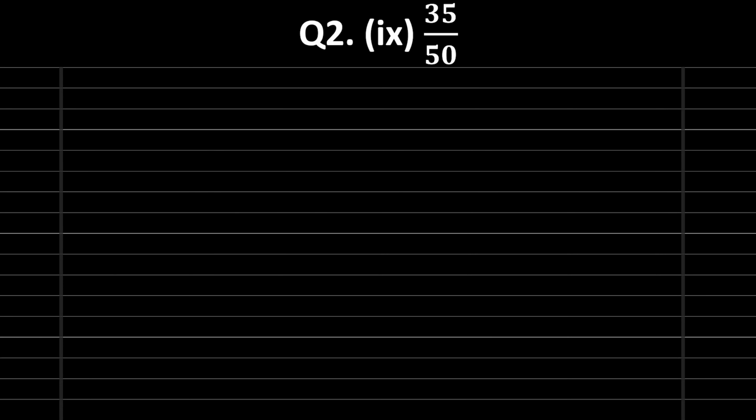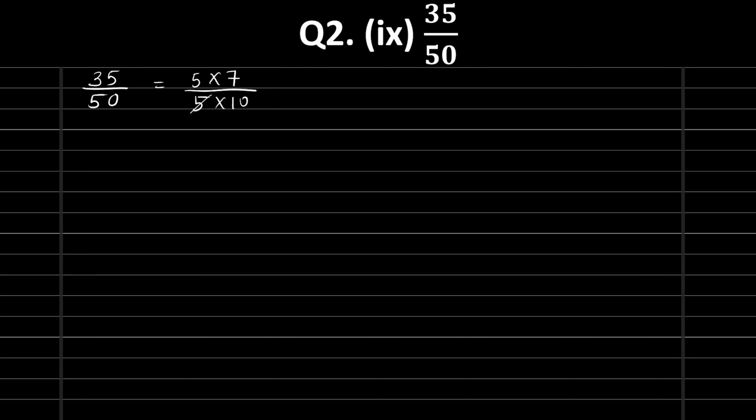Now, this is the final subpart of question number 2. 35 upon 50. So, here what we will be doing, we will first simplify 35 upon 50. 35 can be written as 5 into 7, whereas we can write down 50 as 5 into 10. 5 is common in the numerator and denominator.